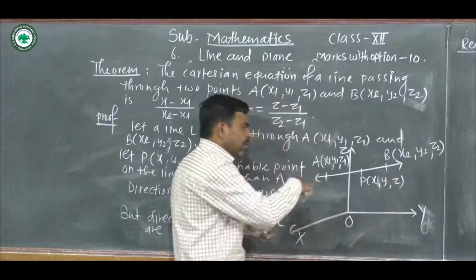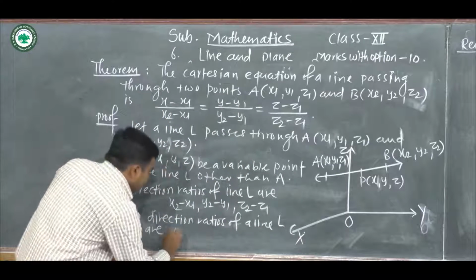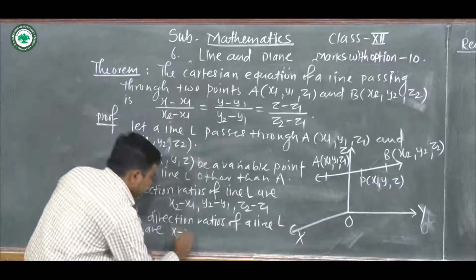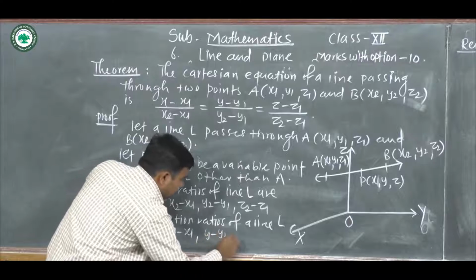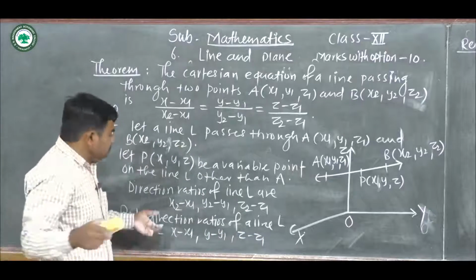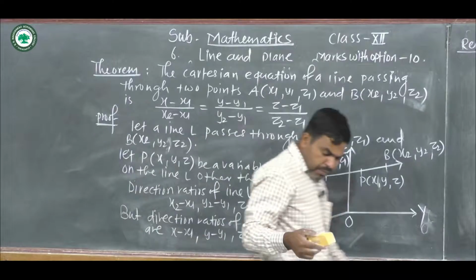So using the same definition, the direction ratios of line L are x minus x1, y minus y1, z minus z1. Now these are direction ratios of the same line L, so they are proportional.